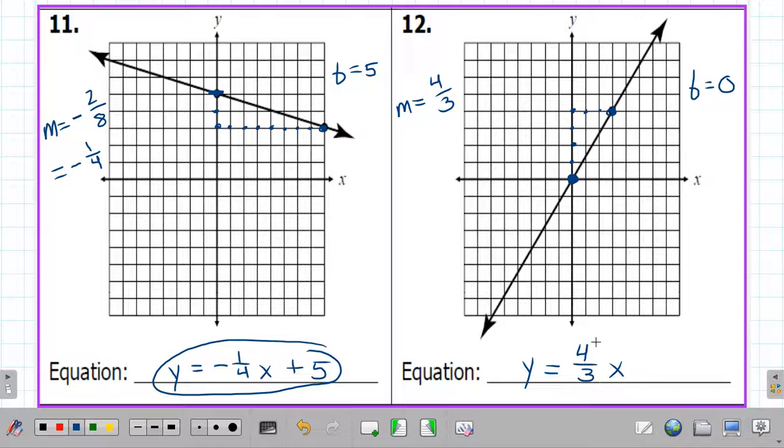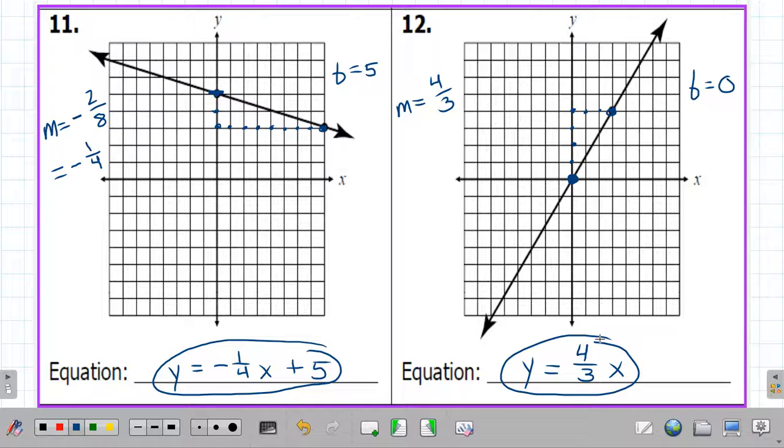And once again, technically there's plus 0, but as you saw in the first few examples, if the y-intercept's 0, we normally just don't write it. Once again, on number 11 there, we could say y is equal to negative 1/4 x plus 5 plus 0.